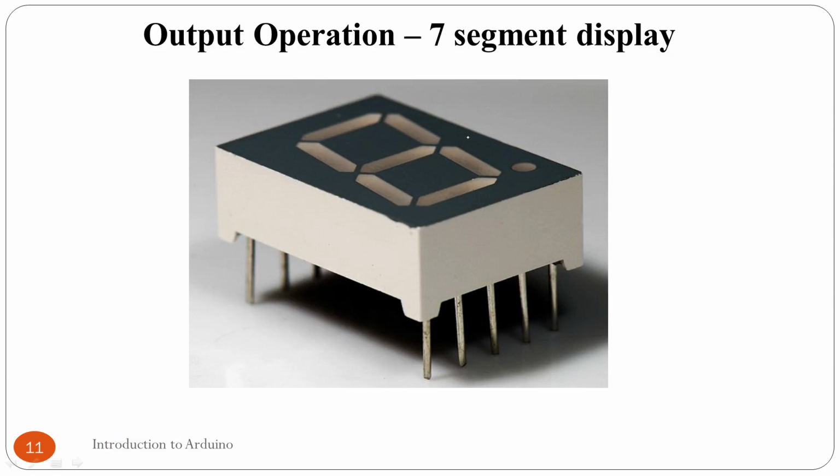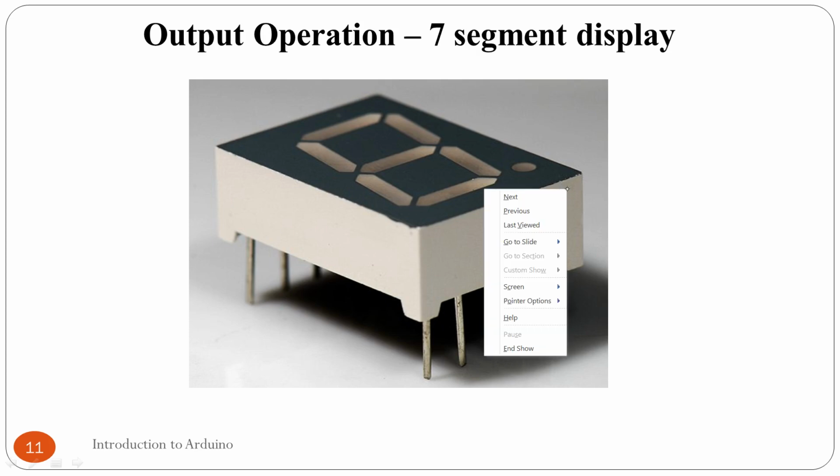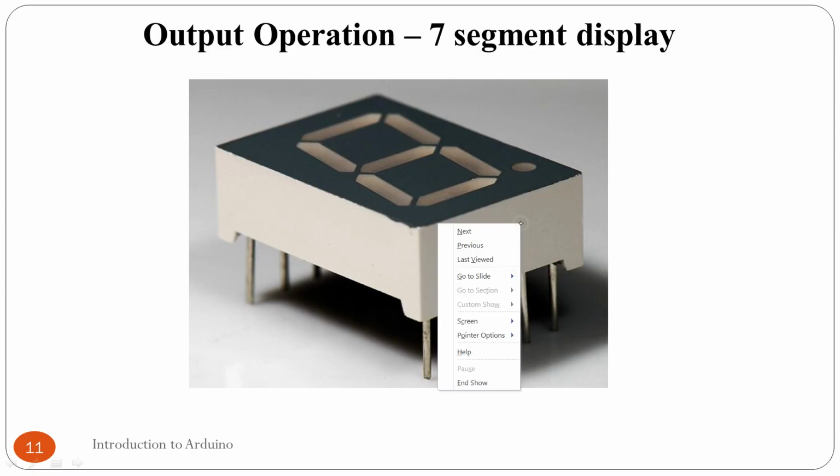Now for this particular concept, if you have hardware, then you can go for a 7-segment display, or you can also simulate this 7-segment display. So basically, what is a 7-segment display? In a 7-segment display, we have 7 LEDs.